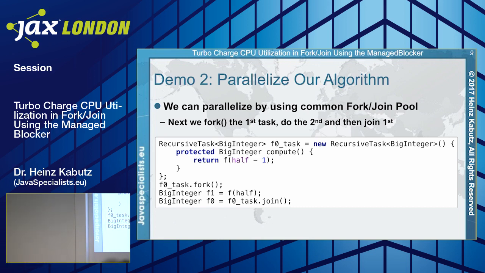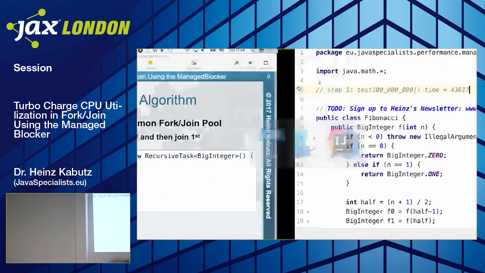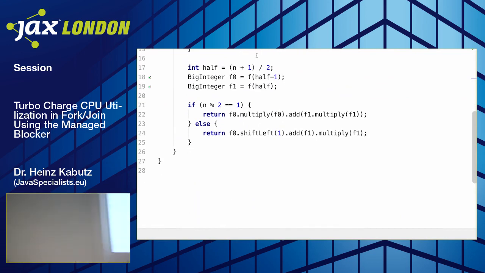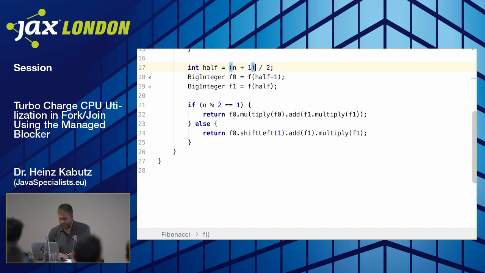So let's do this as a second demo, and that is we're going to parallelize it. So we're going to take this calculation and spawn it in a separate task, which might or might not run in a separate thread. That depends on the configuration of your system.